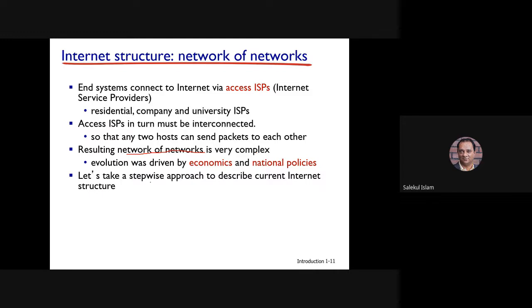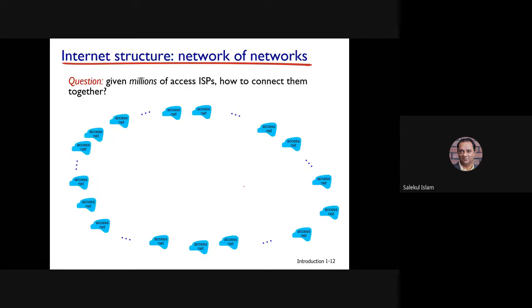So the whole evolution was driven by economics, পুরোটাই হচ্ছে money driven. Okay, the whole thing is driven by economics and national policies, government গুলা policy কে তুলেছে সেটার উপরে. So let's take a stepwise approach to describe the current internet structure.